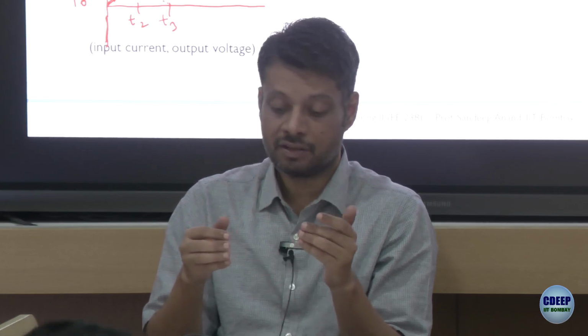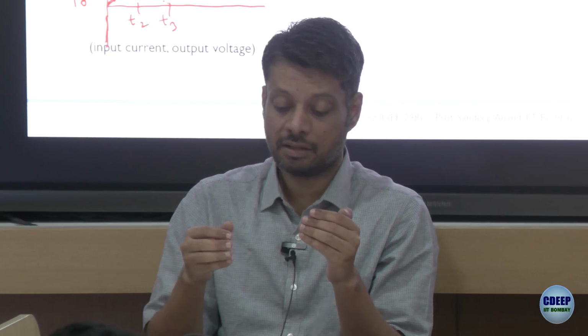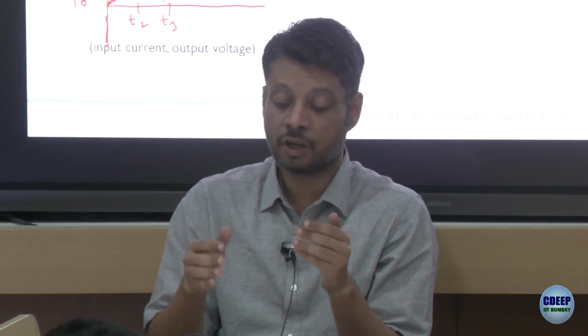And therefore the slope may become negative, but it will not be as negative as was the case with a pure resistance, or the slope will not be as steep, right? Because the inductor will try to hold the current basically.